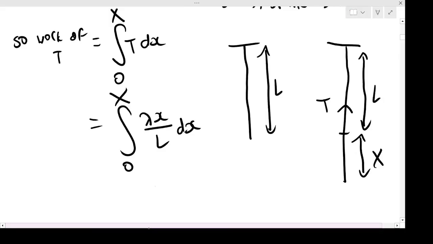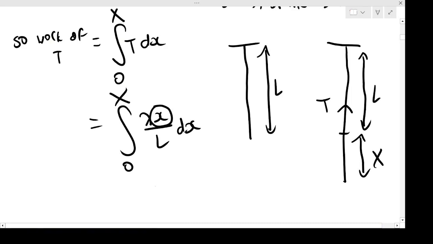Before we go any further, I just want to clarify the difference between these two x's here, the big X and the little x. The big X is the final or total extension, when we finish the stretching. The little x is the extension throughout the stretching.